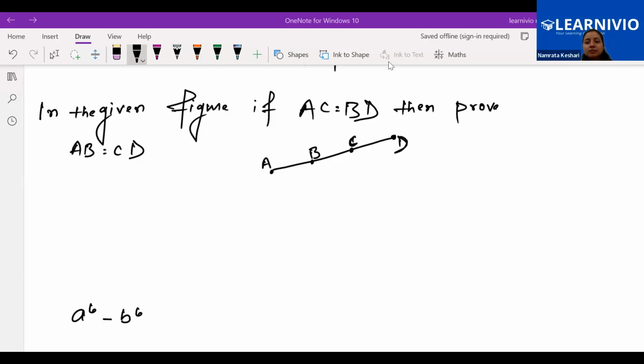Yes. Please let me know what you are getting. Like what is the approach you are using for the given particular proof?